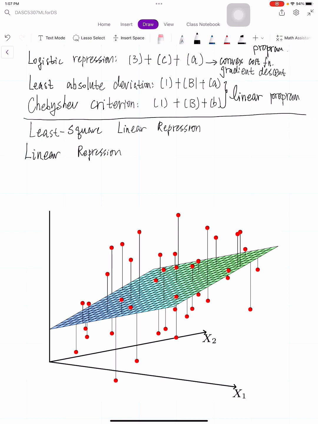The function we choose is just the linear function, so the regression function is linear, plus the squared loss function. So we choose that, and the cost function is the average squared loss, the mean squared error loss.